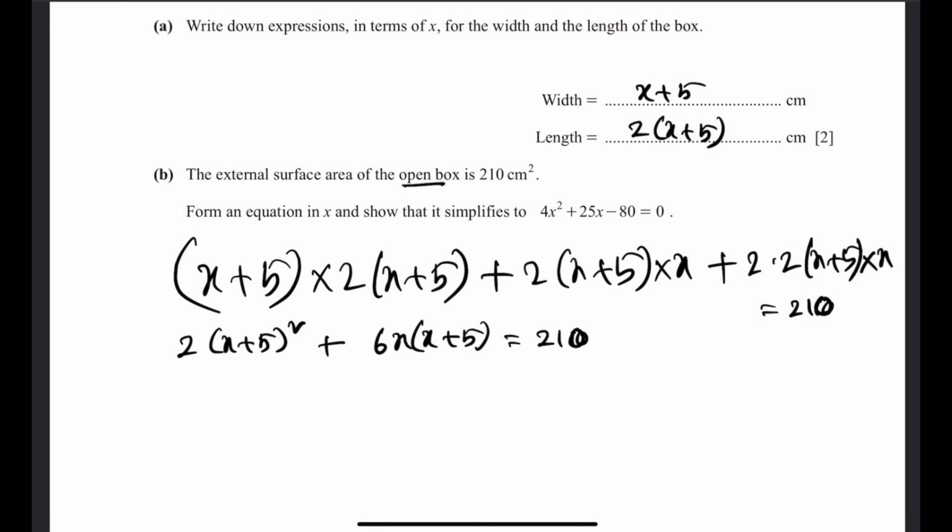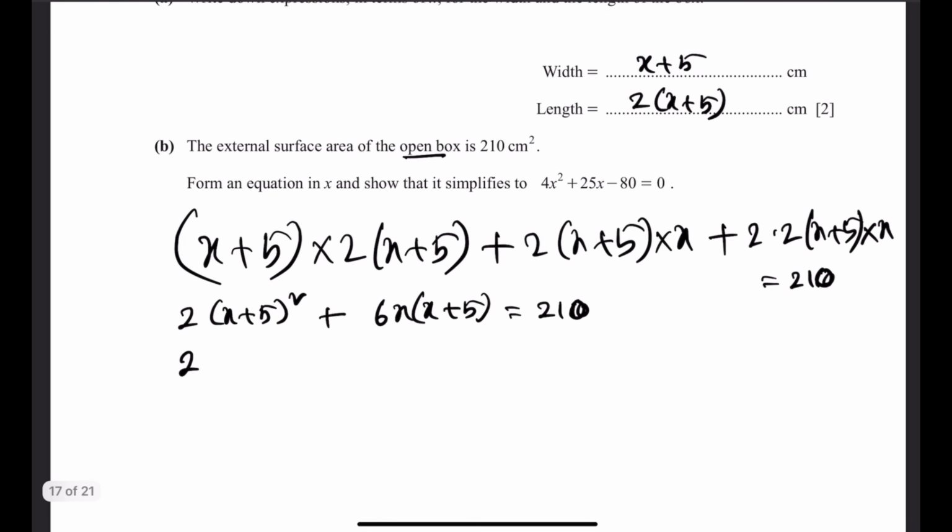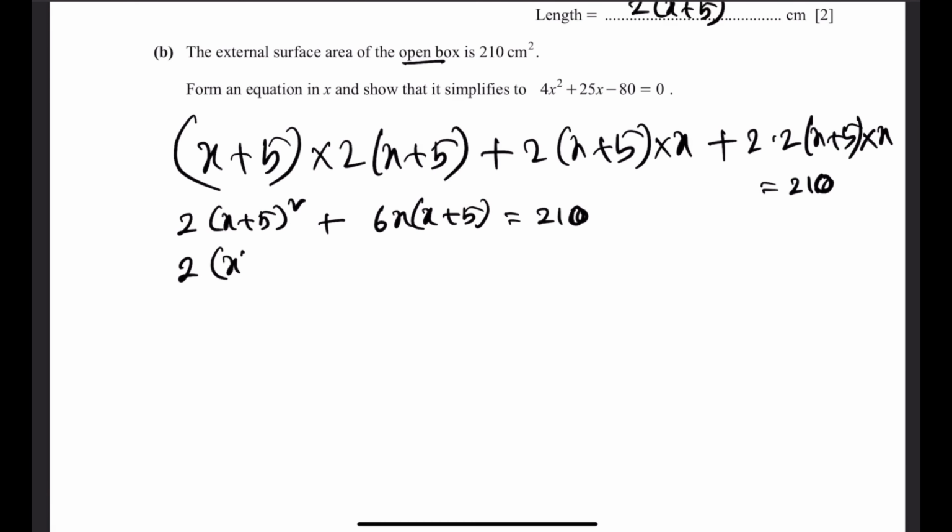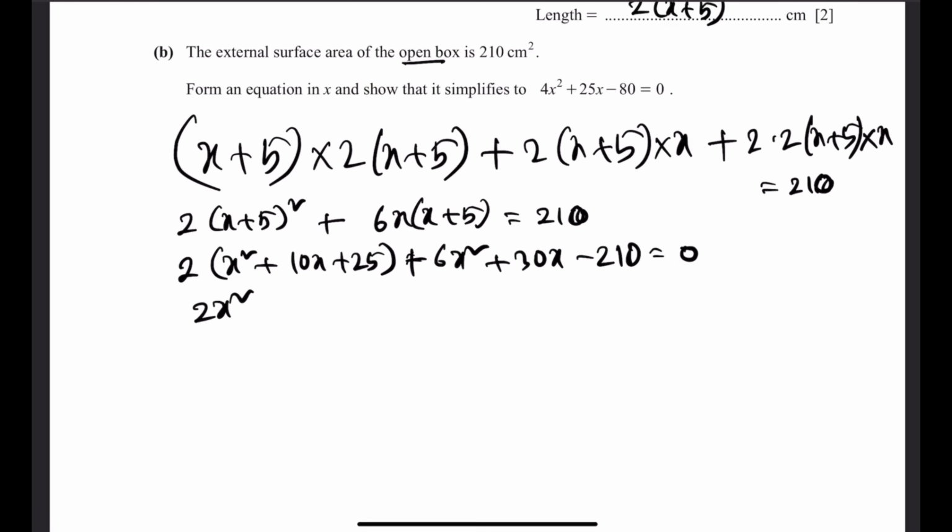Okay, so we can simplify this. x square plus 10x plus 25, so 2x square plus 20x plus 50 plus 6x square plus 30x minus 210 equals to 0.